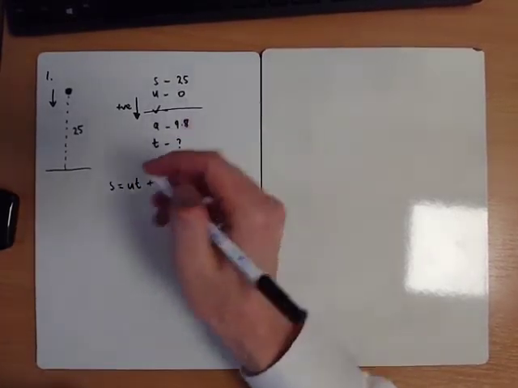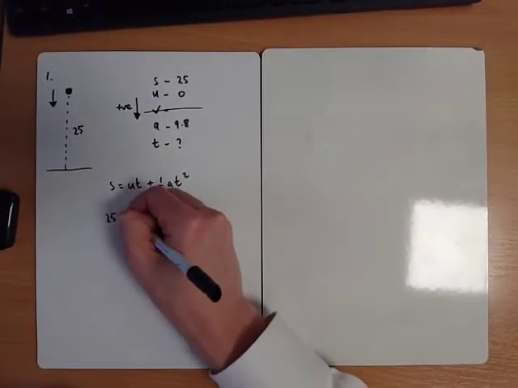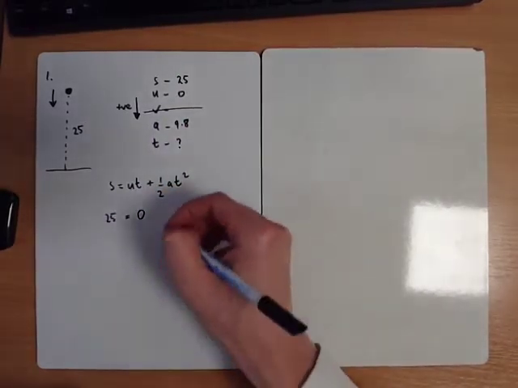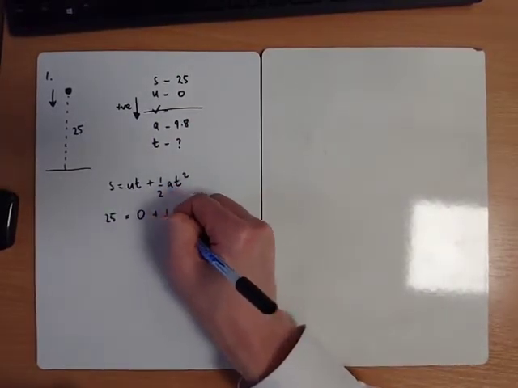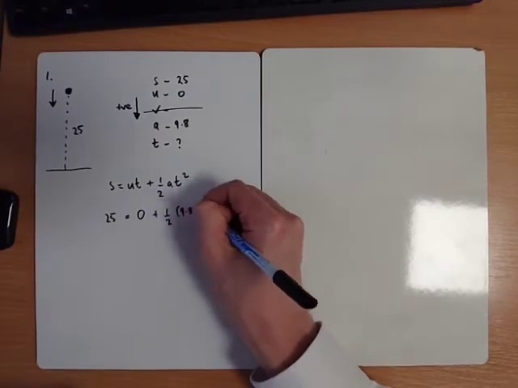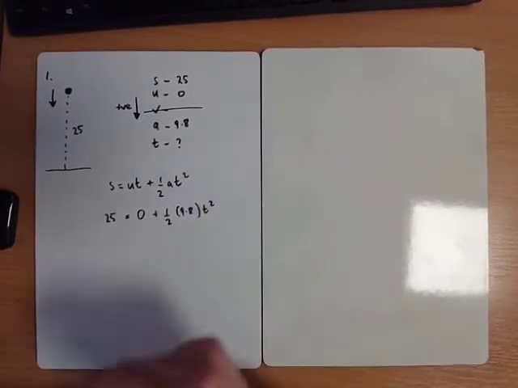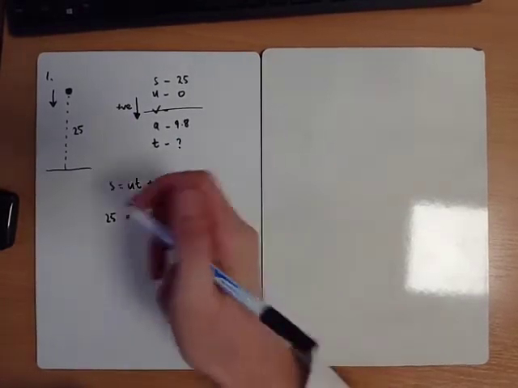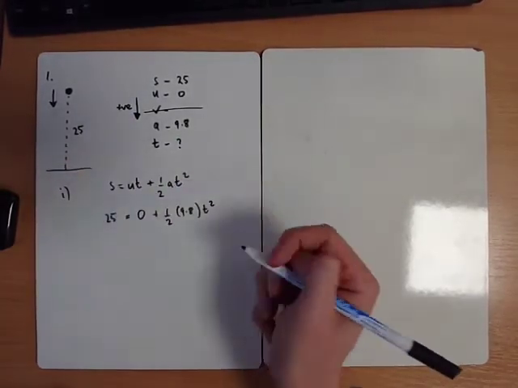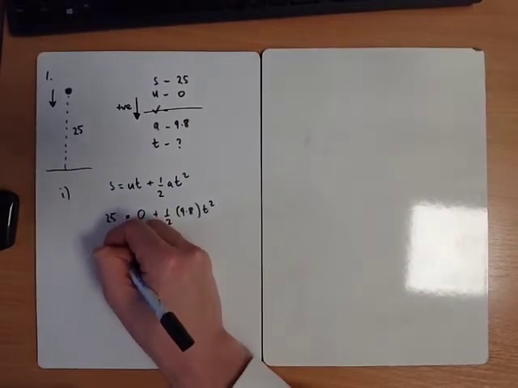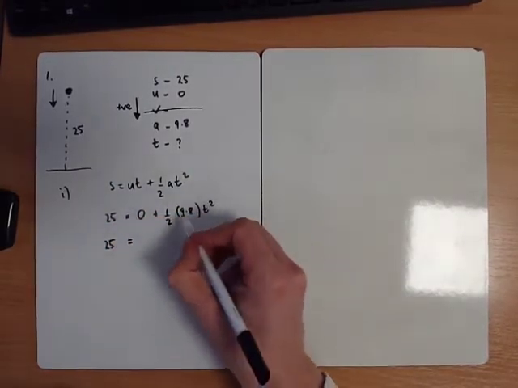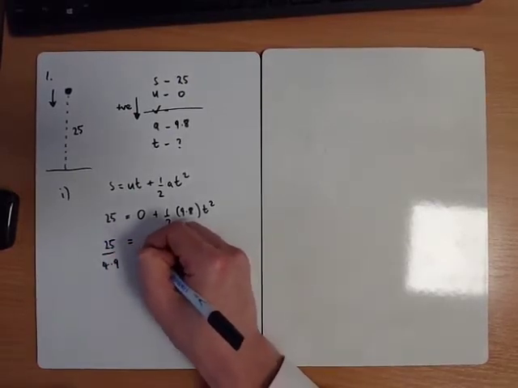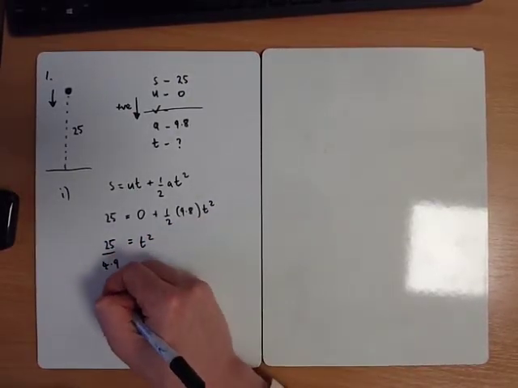Okay, so s, the displacement, will be 25. The initial velocity was 0, so that first term becomes 0. Plus a half, acceleration is 9.8, t squared. Solving the equation to figure out time, we get 25 equals 4.9 t squared, so divide by 4.9, and then take the square root.